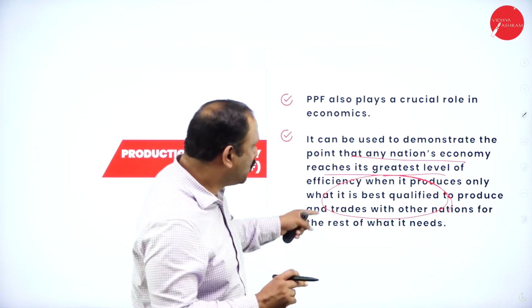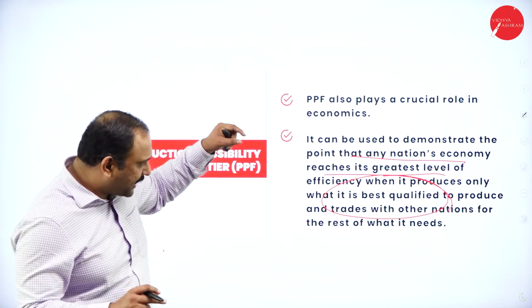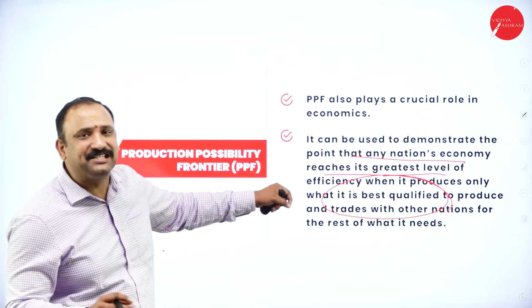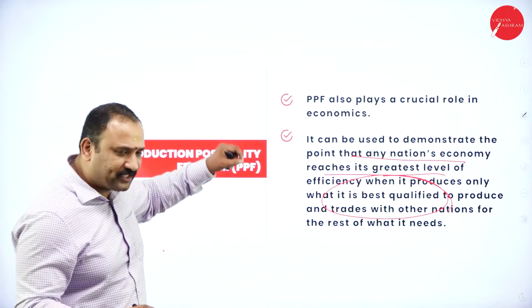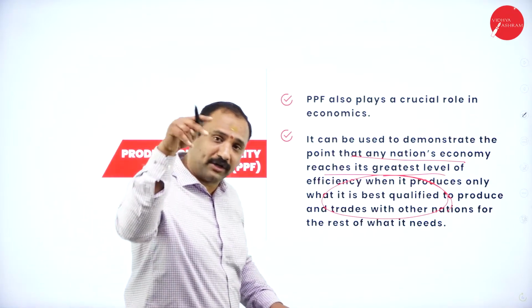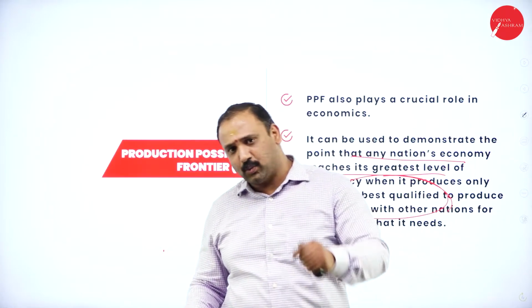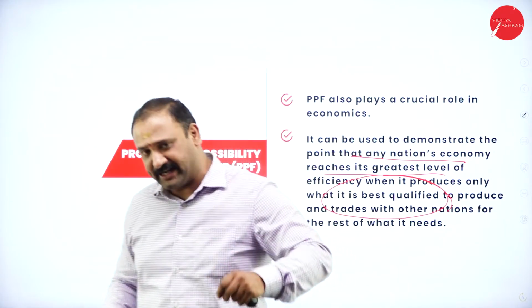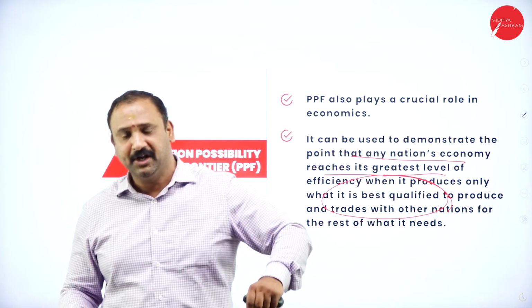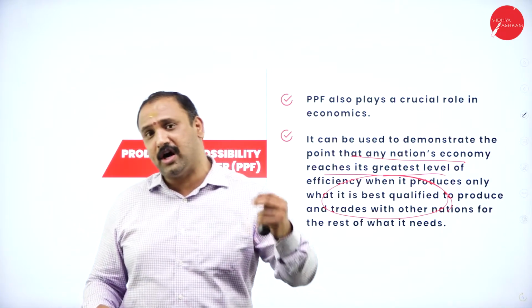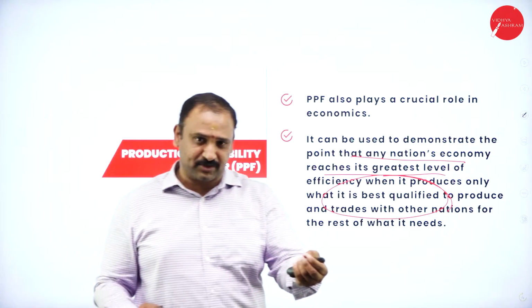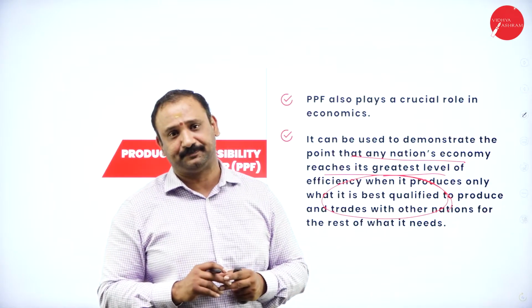Why? Because we know that only when we are able to produce what is best qualified, what is best for us, that is what the world will also demand from us. We are a leader when it comes to agriculture, dairy products, and we are also a leader when it comes to electronics or probably even IT-enabled services.